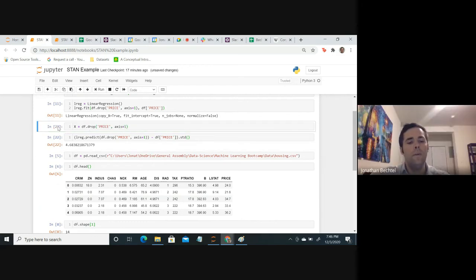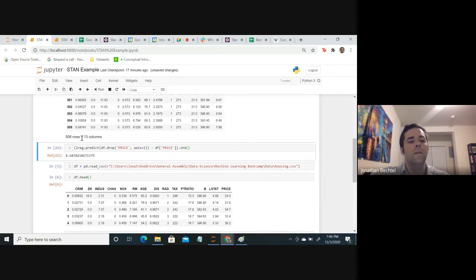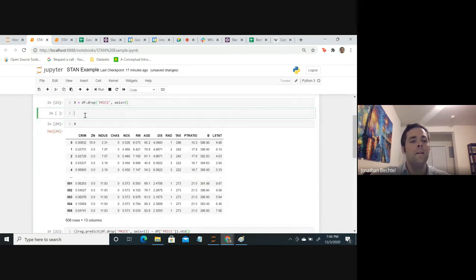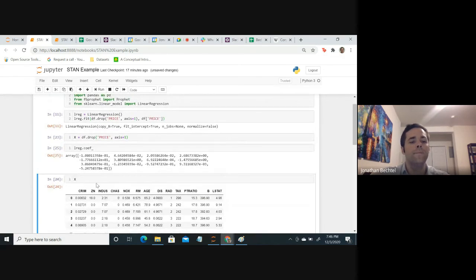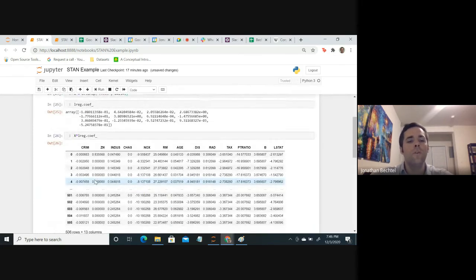We define X like this, and when you're done fitting linear regression, you have coefficients like this. So if you do this, it performs the column-wide operation simultaneously, all at once.